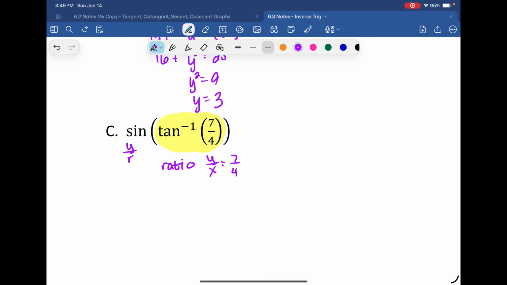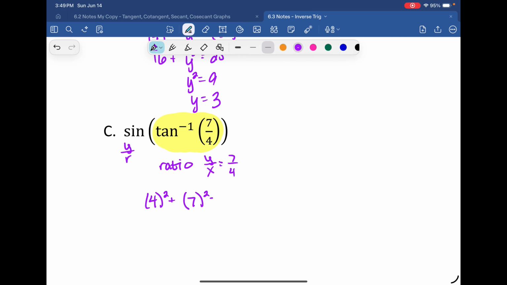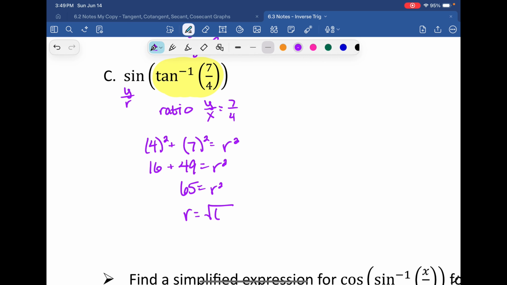So you put that in the Pythagorean theorem: 16 plus 49 is 65. Okay, so I'm going to take the square root. The square root of 65 does not simplify, so we're going to leave it like that.